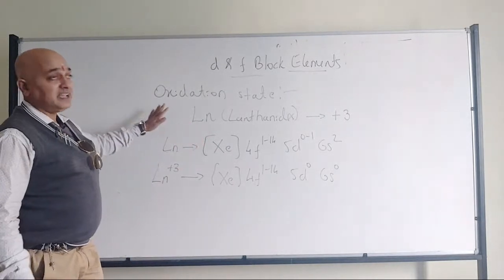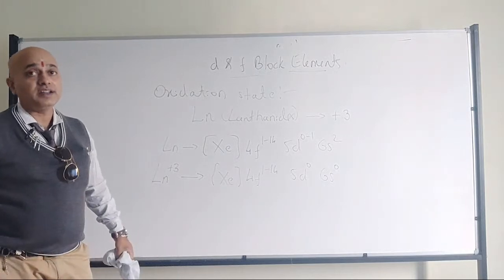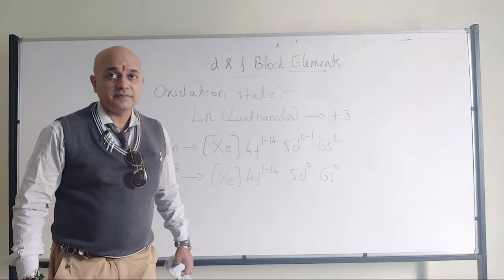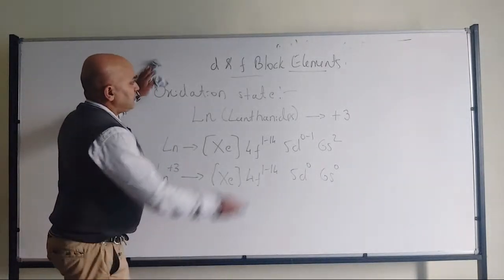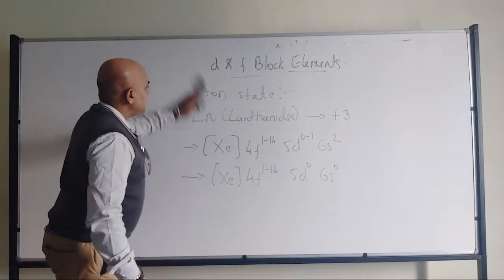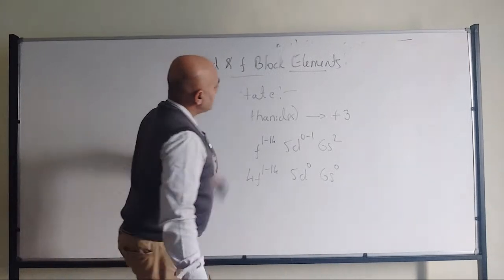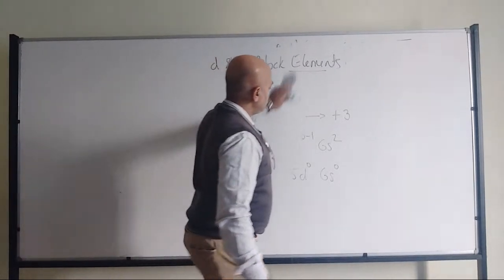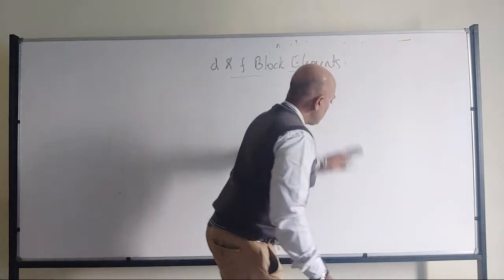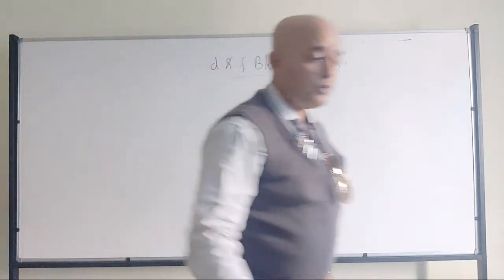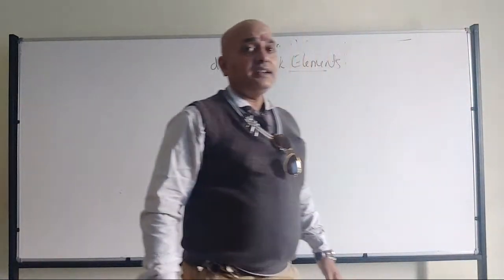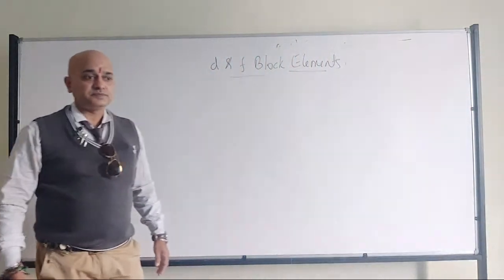That's the oxidation state for lanthanides. The common oxidation state shown by the lanthanides is +3. So which electrons will be knocked out? It will be the outermost S subshell and D subshell electrons.